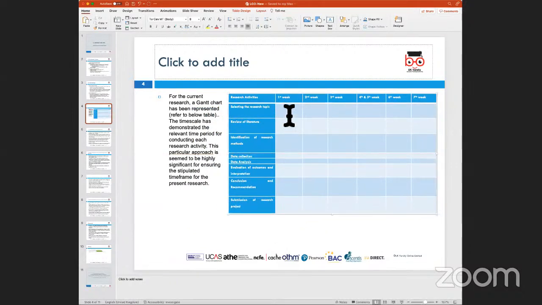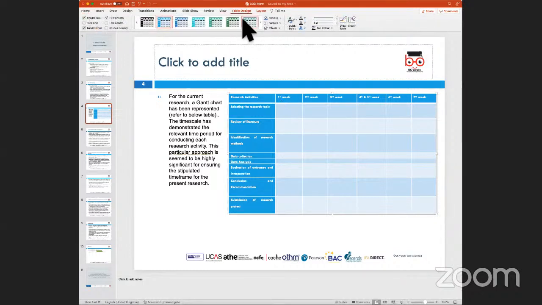For example, in the first week, you might spend a week or so selecting the topic. Once you've selected the topic, you're looking at doing a literature review for your project.